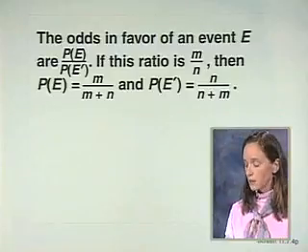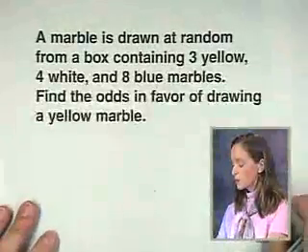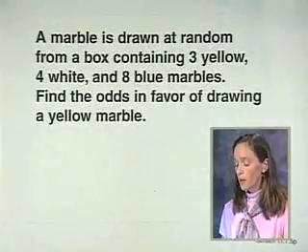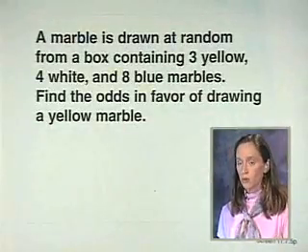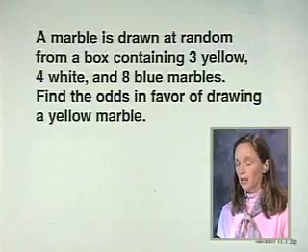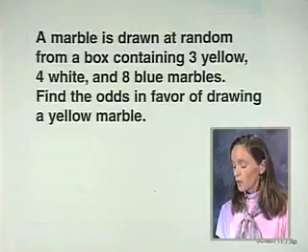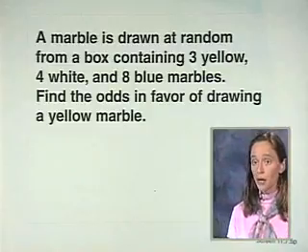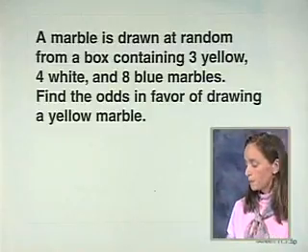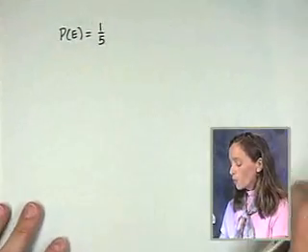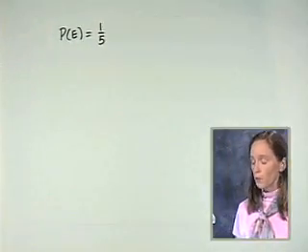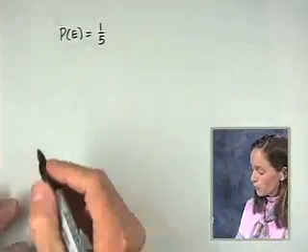Let's use that with the same experiment. So we have a marble drawn at random from a box containing 3 yellow, 4 white, and 8 blue marbles. But this time we want to find the odds in favor of drawing a yellow marble. Now the probability of drawing a yellow marble we calculated as 1/5.